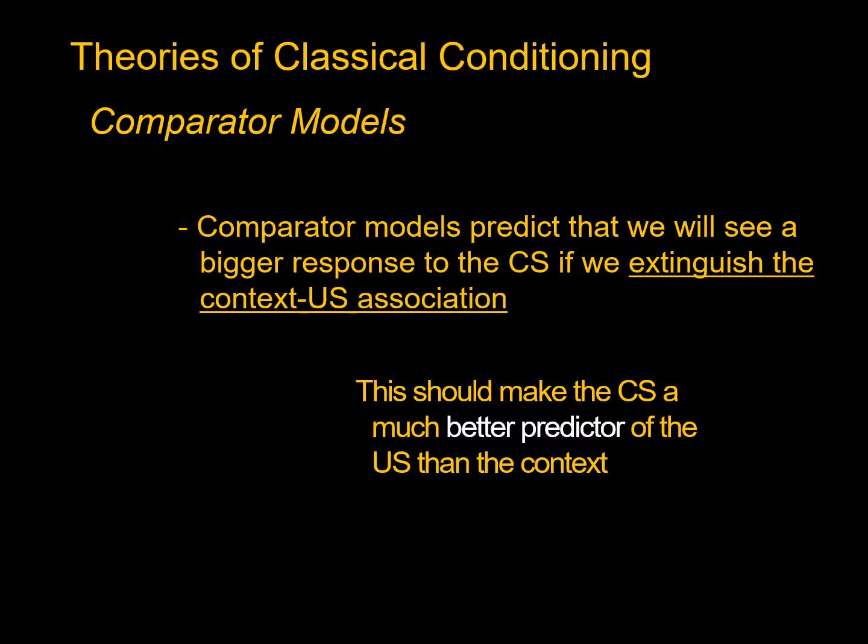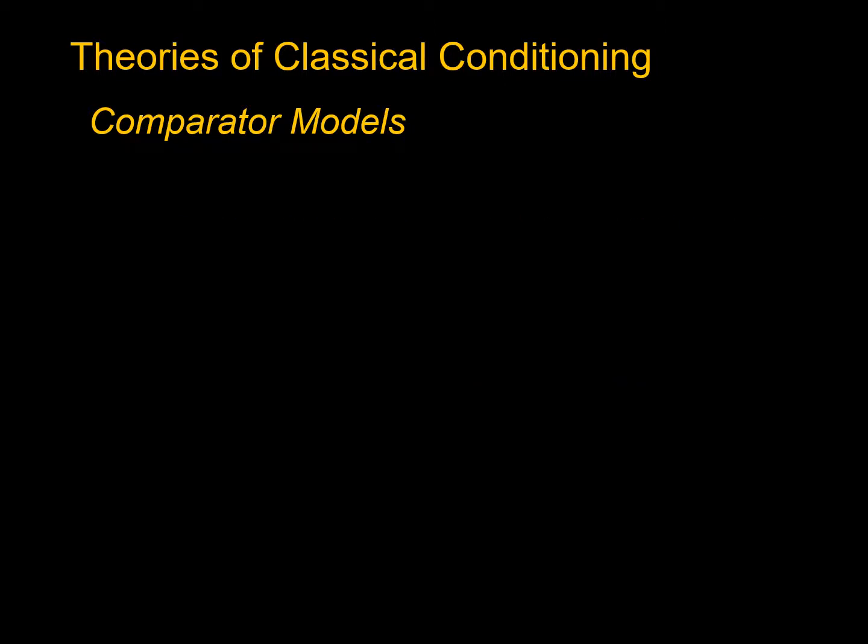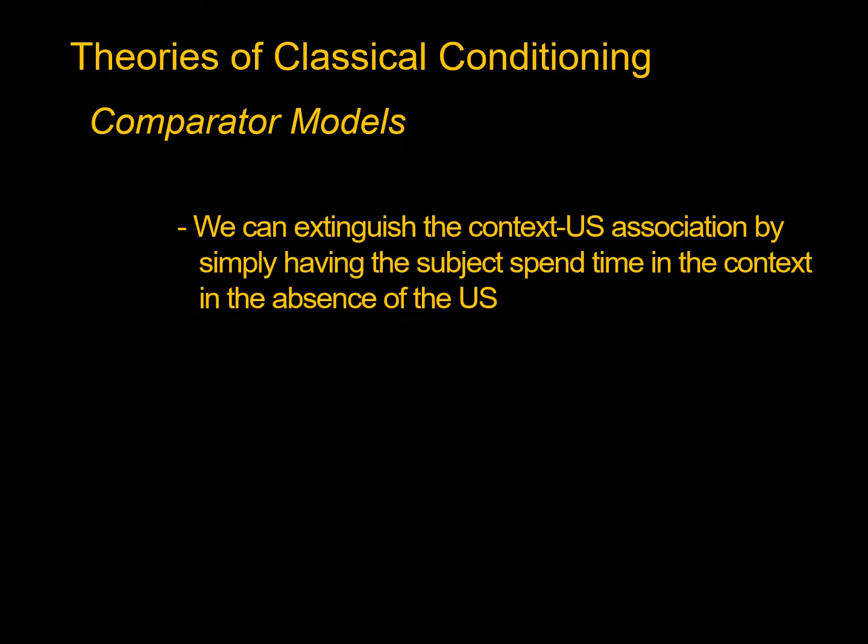You have to reproduce, replicate the context. I mean, if we're going to extinguish the context-US association, how do we extinguish an association? I meant more like, what are you going to do? How are you going to run an extinction trial?